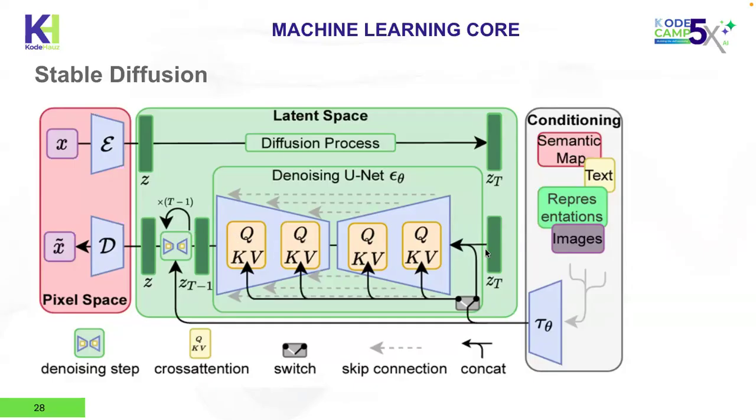Effectively, think of it like a sequence-to-sequence model. It takes this ZT and moves it from this latent space into ZT minus one, the previous latent space, but modulated by the text. And this text is also in latent space.